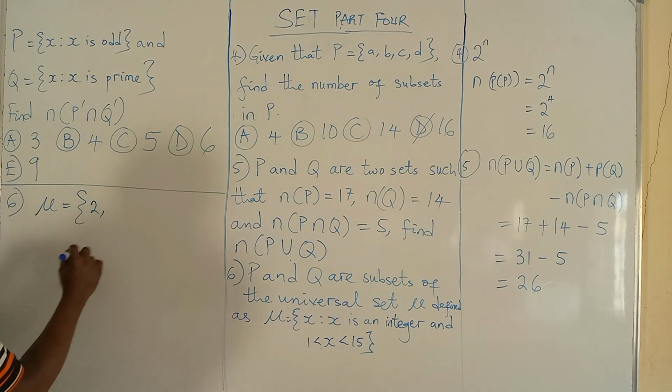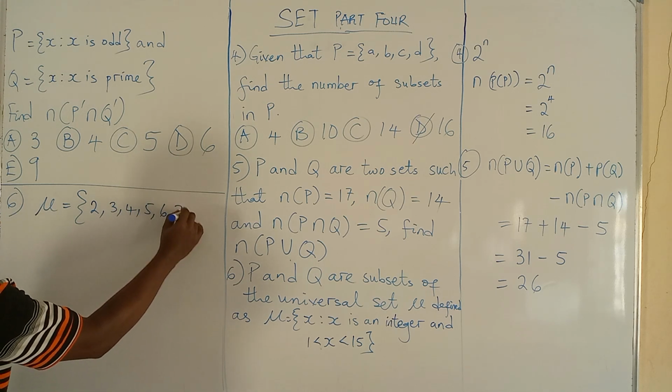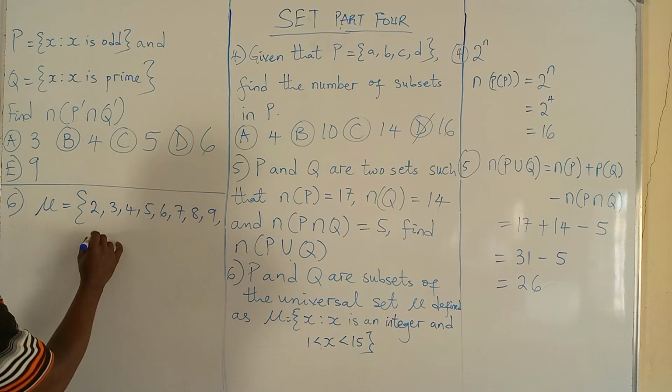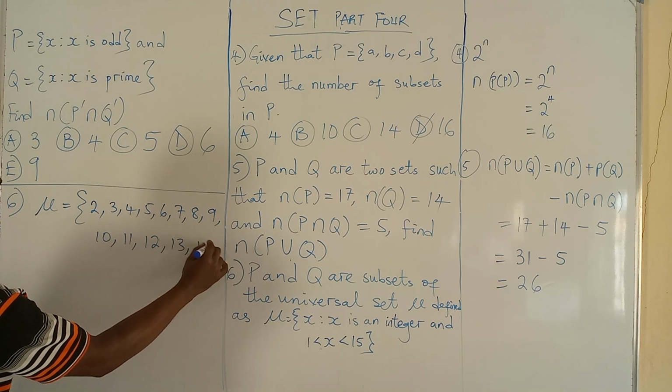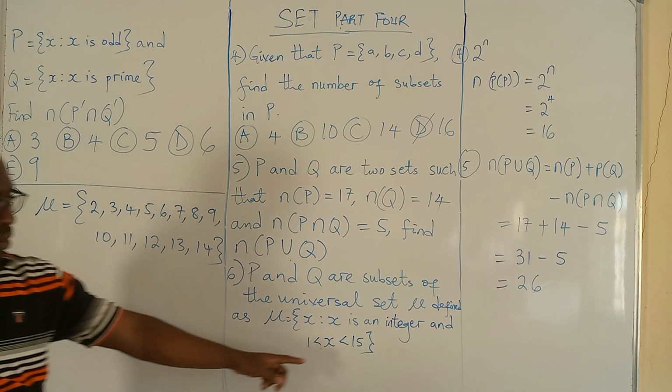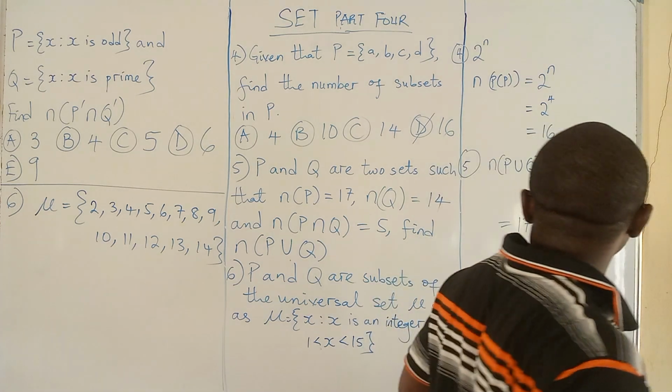So we have 2, 3, 4, 5, 6, 7, 8, 9, 10, 11, 12, 13, 14. 15 is not included because of this less than 15.